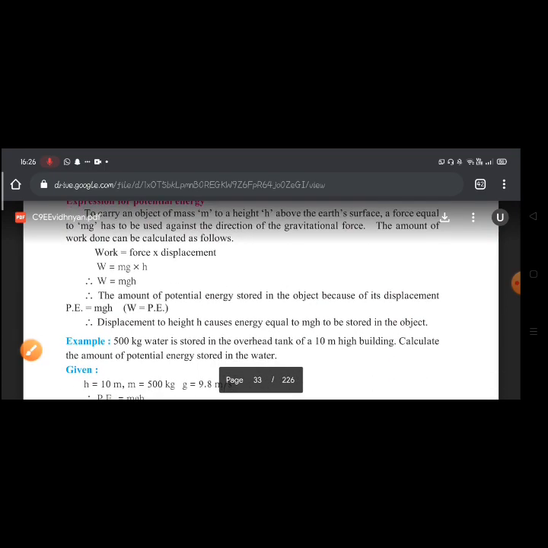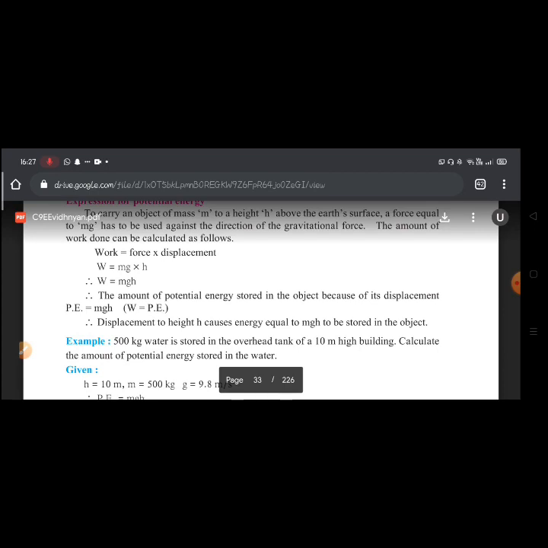Now the amount of potential energy stored in the object because of its displacement is: potential energy = mass into gravitational acceleration into height, that is displacement, and work is equal to potential energy. Displacement to height h causes energy equal to mgh to be stored in the object.